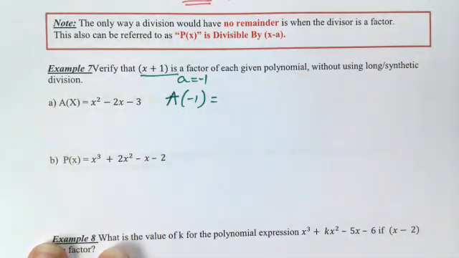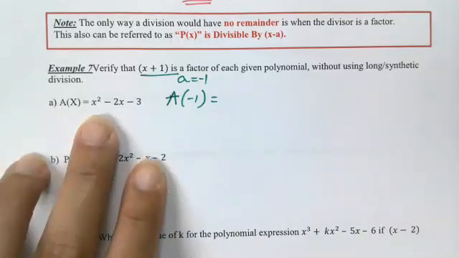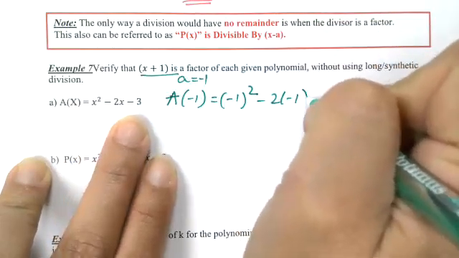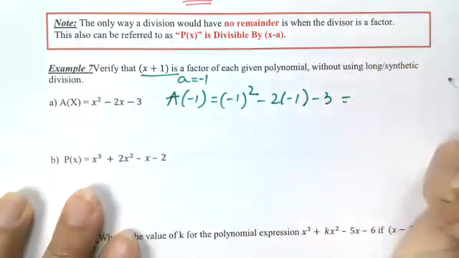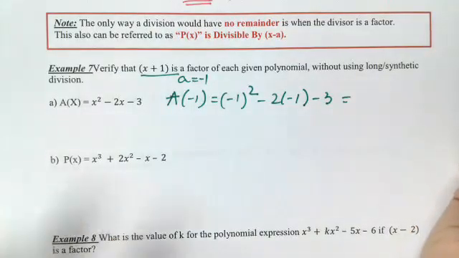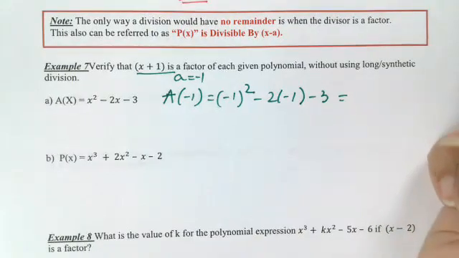We replace every single x with -1: -1 squared minus 2 times -1 minus 3. And we calculate to see if it's 0, right? If it's 0, then we can say x plus 1 is a factor, divides completely. If it's not 0, then it's not a factor, and that's it.